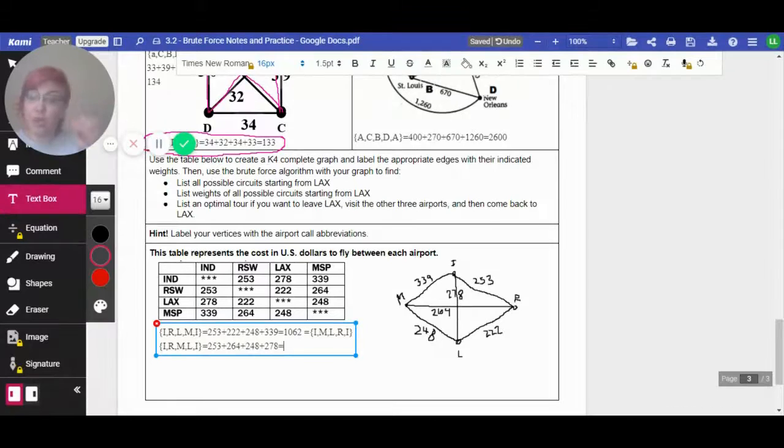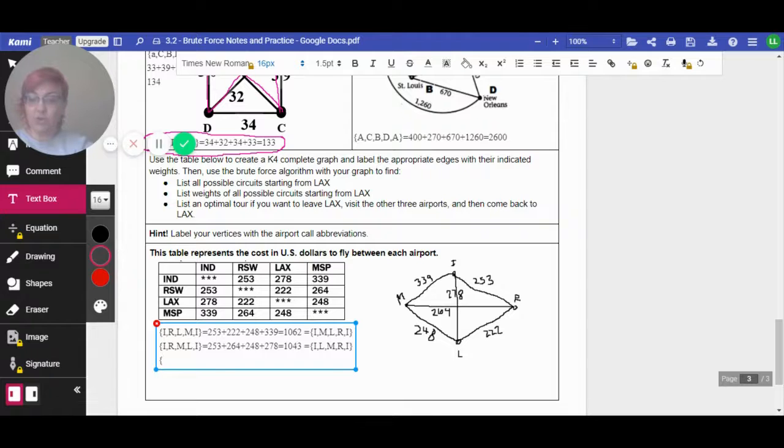That's 1,043, which is the same as it would cost to go I, L, M, R, I, which is the mirror circuit there.